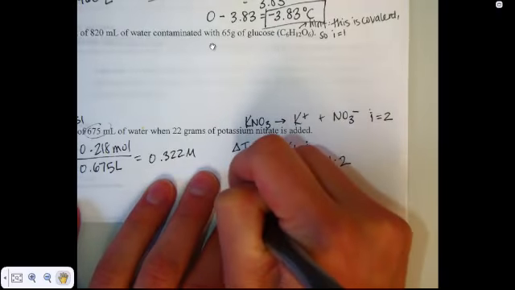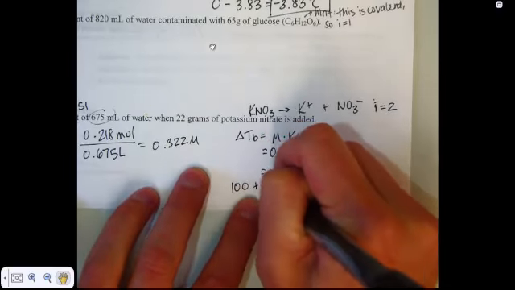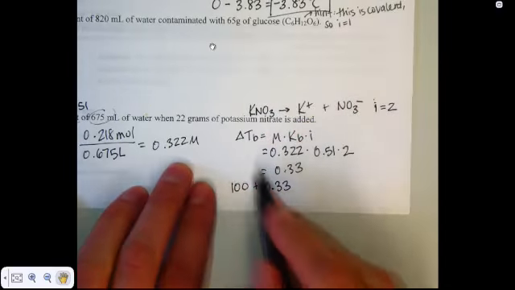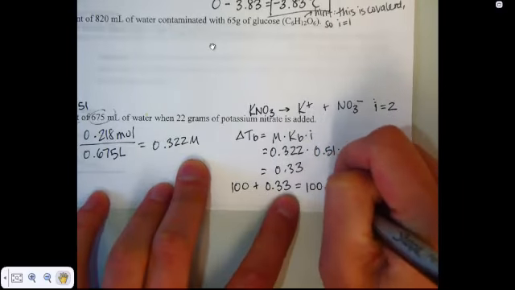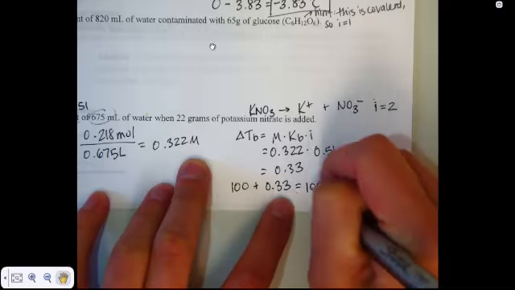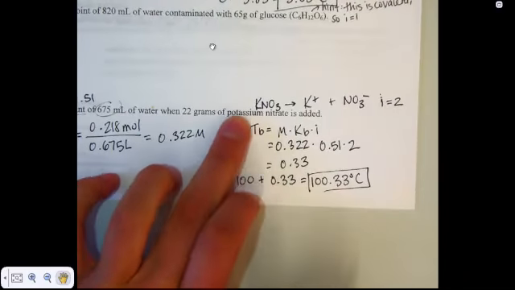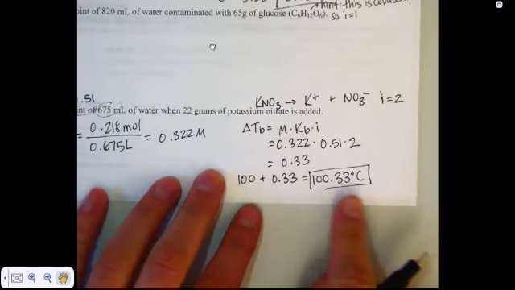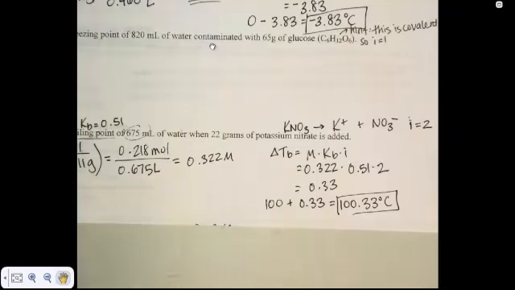And this time, since we know that pure water boils at 100 Celsius, but our change is positive 0.33 degrees, our new boiling point is 100.33 degrees Celsius. So you dump in a bunch of potassium nitrate, the boiling point increases by just a little bit. Let's do one on the back.